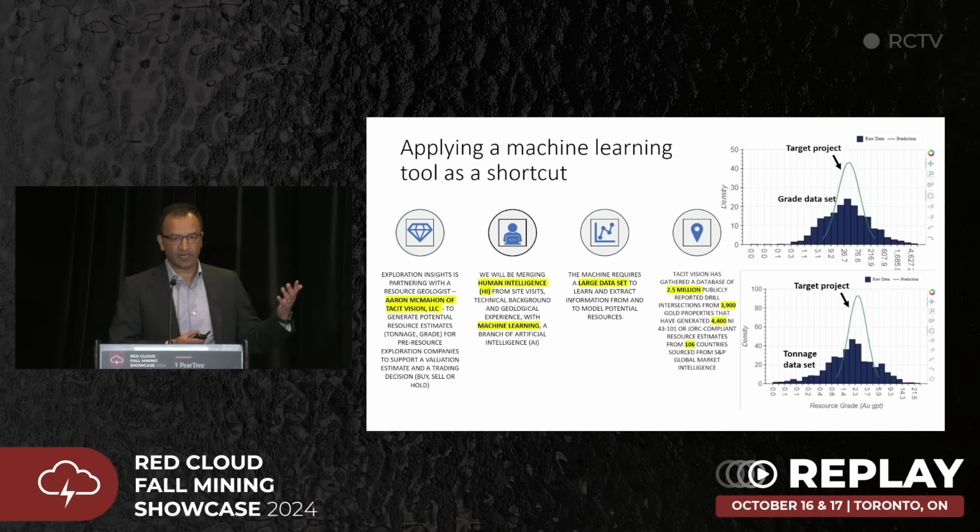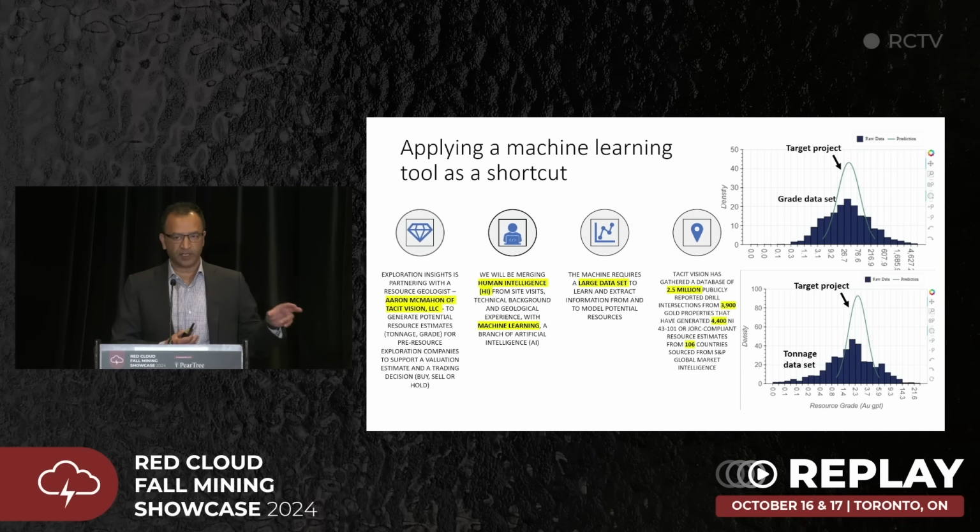You can't have a lot of data for one area and no data for the other and expect it to interpolate. It's going to recommend the one where it's got the most data, good or bad. So this is taken from 2.5 million publicly reported drill intersections. That's coming from 3,900 gold properties that produced 4,400 NI 43-101 resource estimates.